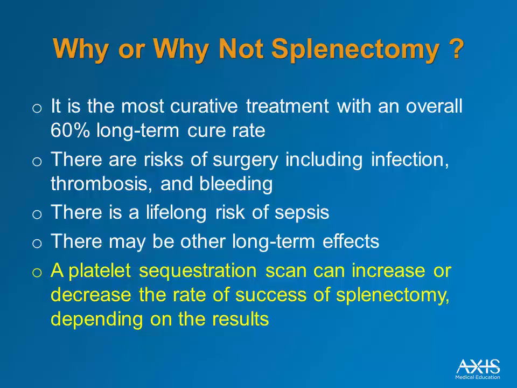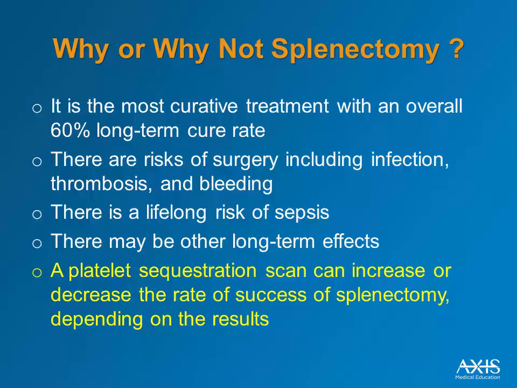There's a lifelong risk of overwhelming post-splenectomy sepsis, where if the patient gets a bloodstream infection and it gets out of hand, they may get very sick very rapidly because they're not clearing the bacteria from their bloodstream. Increasingly, it appears that there may be other long-term effects, for example, thromboembolic effects in one way or another.